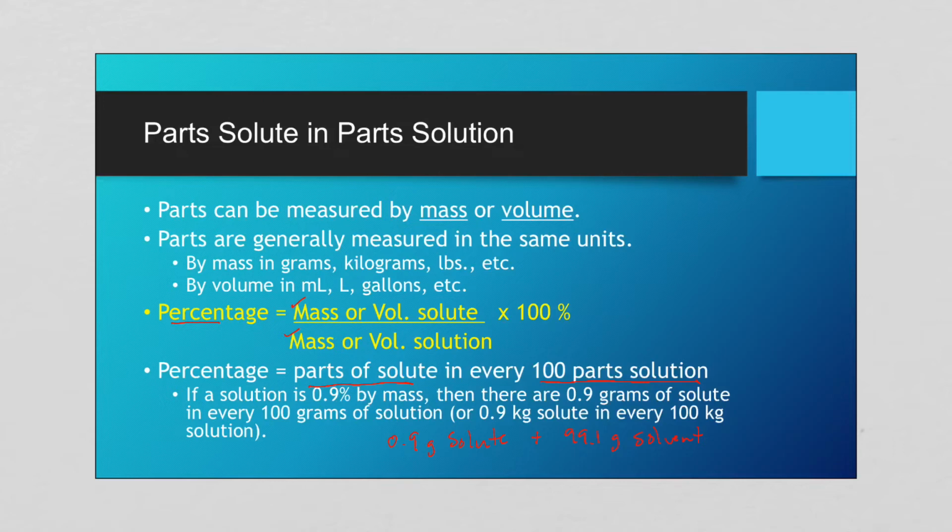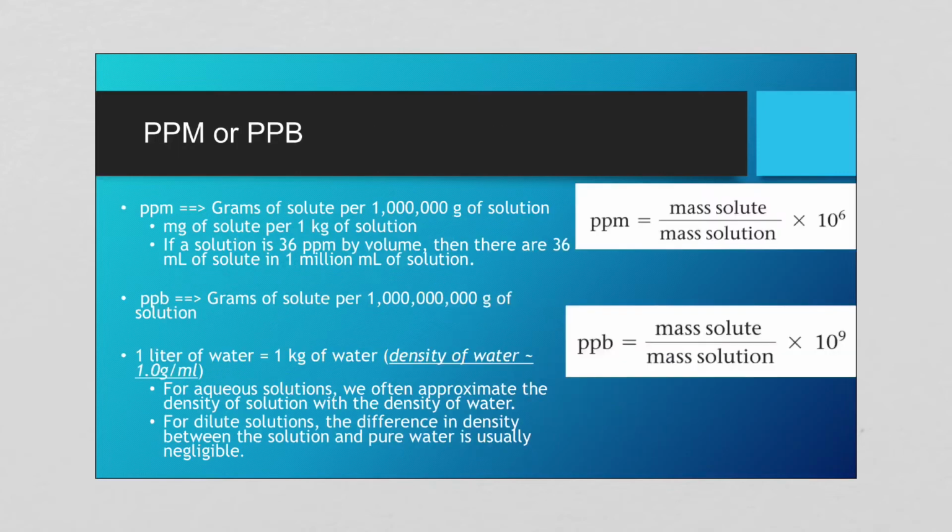So percentage based, or out of 100, is the most common. But there are other related types of units that we can use. And you're probably familiar with at least one of these. And these are ppm and ppb, or what we call parts per million and parts per billion. These types of units are typically used when we have very low concentrations.